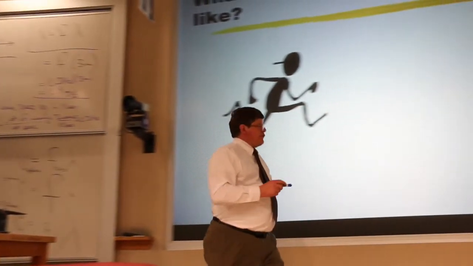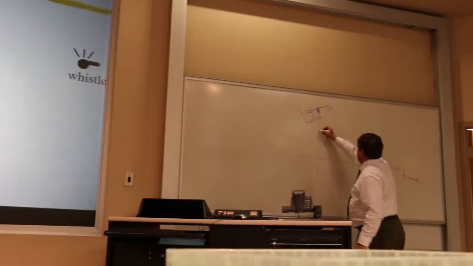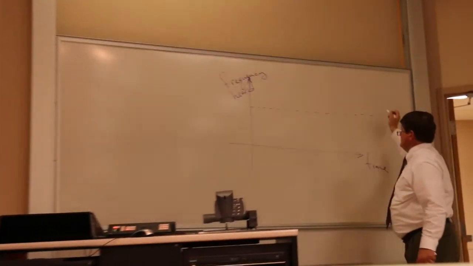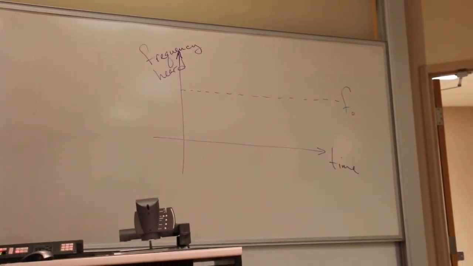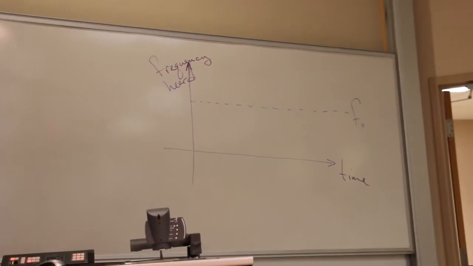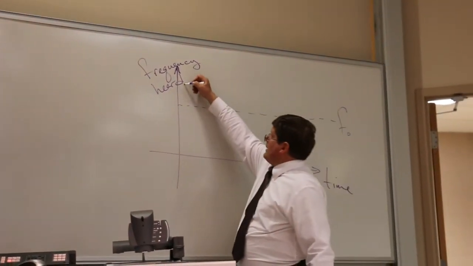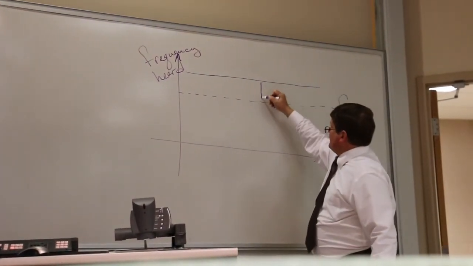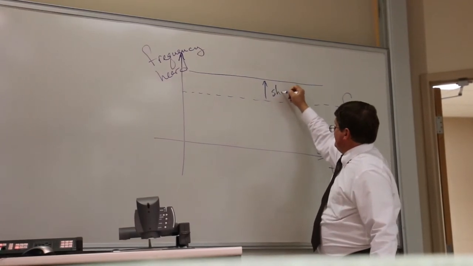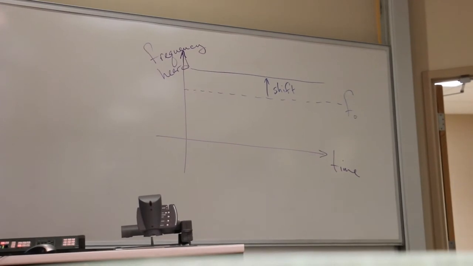Now, if I had a source, a whistle, that had a frequency right here, we call that the rest frequency. Because you're going towards the whistle, it would be the same if the whistle were going towards you. Because you're going towards the whistle, there's going to be a Doppler shift up. But that shift depends on how fast you're going relative to the source.